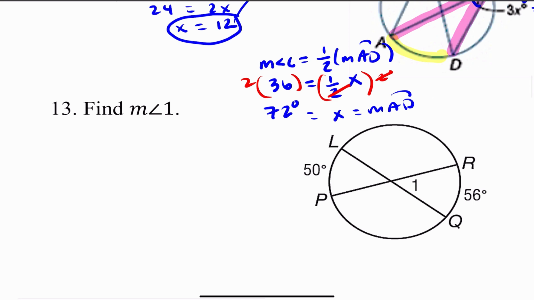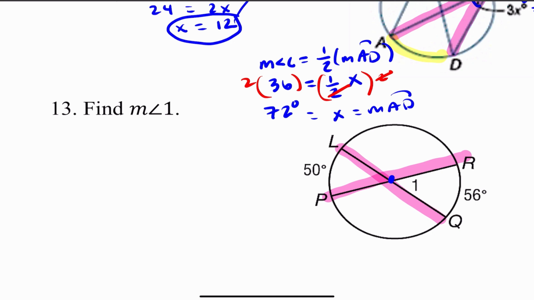Number 13, find the measure of angle 1. So here is the measure of angle 1. Note that we're dealing with two intersecting chords. If the vertex is inside of the circle, look at where angle 1 is. It's the right angle, so you look at the adjacent arcs, the right arc and the left arc.